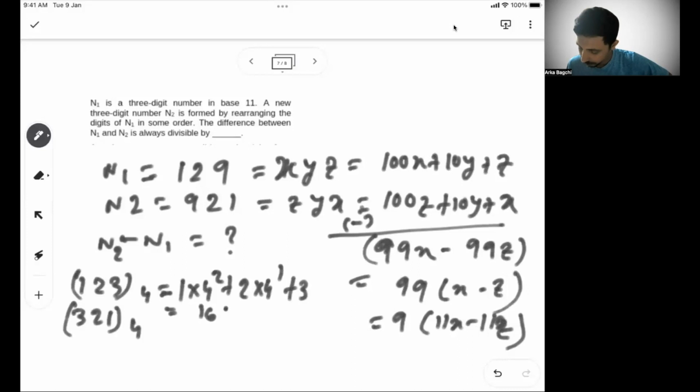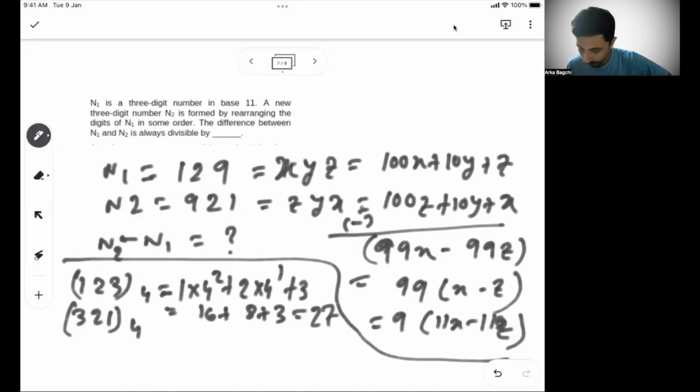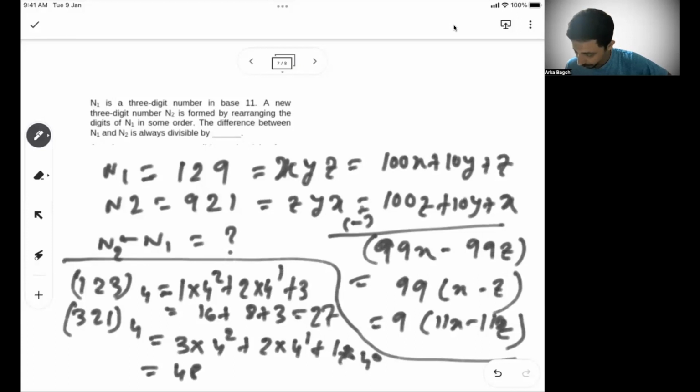That means 16 plus 8 plus 3, which is 27. 321 in base 4 will become 3 into 4 square, plus 2 into 4 to the power 1, plus 1 into 4 to the power 0. That means 48 plus 8 plus 1, so 57. So 57 minus 27 is 30. 30 is divisible by 3 as well.